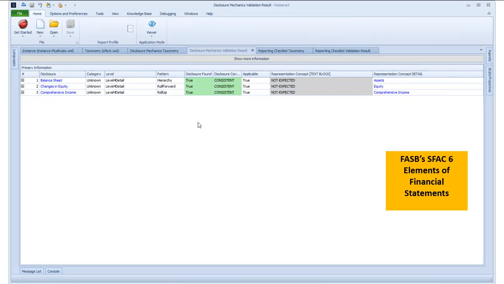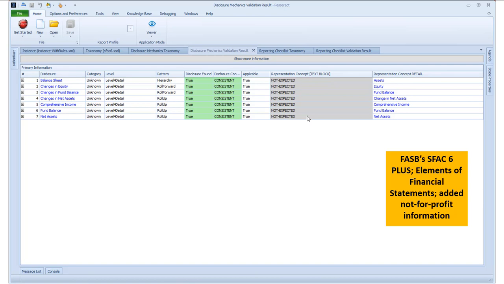I then expanded my testing to the FASB's SFAC 6 elements of a financial statement, which has three structures rather than just one: a balance sheet, changes in equity, and comprehensive income. And I made this work correctly so I could understand what makes it work, what makes it break.